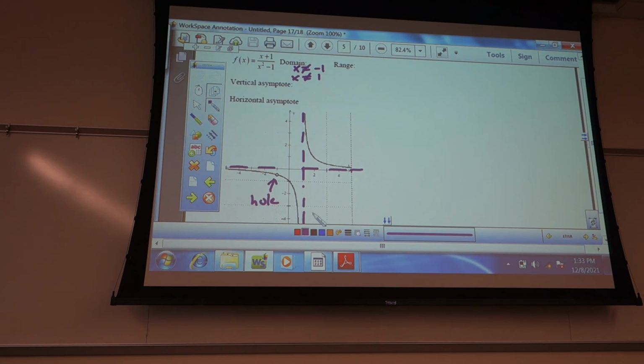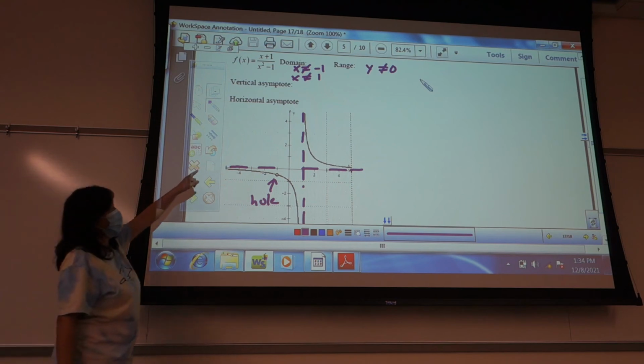Someone else, someone different. Look at the asymptotes, what can y not be? Anyone? Gabe? Zero? Y cannot be 0. Yep. Y cannot be 0.